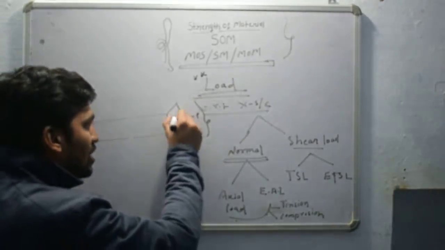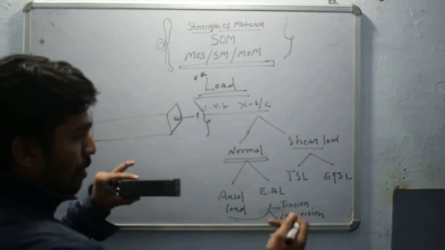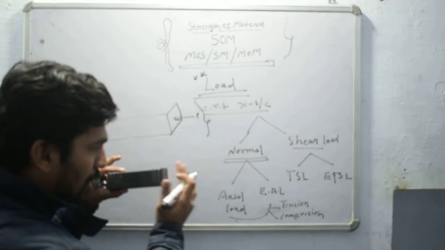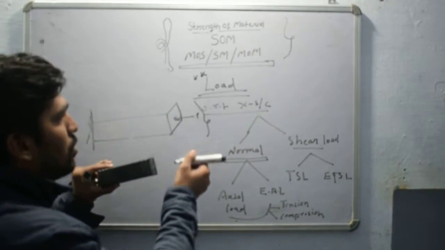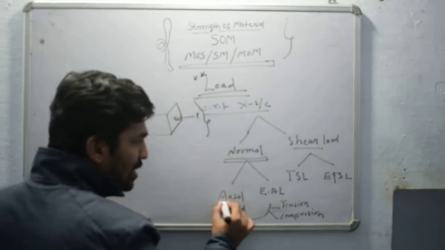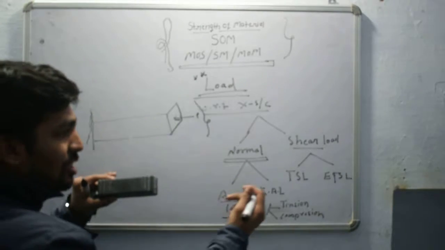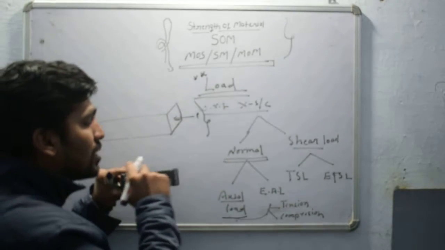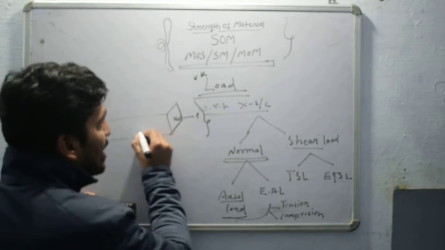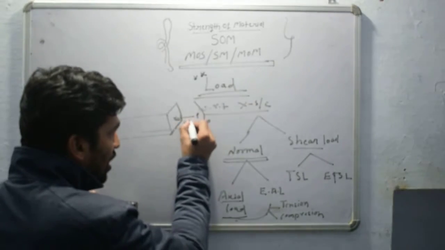If this is the cross section, and the applied load is perpendicular to it and passes through the centroid, this load is known as the axial load. If the load is perpendicular to the cross section but is not passing through the centroid, it has some eccentricity E with respect to its centroid.